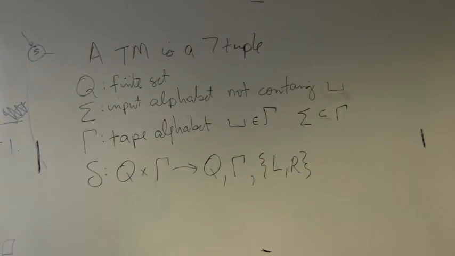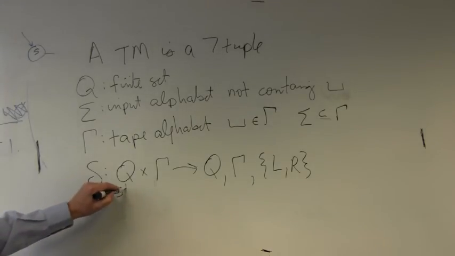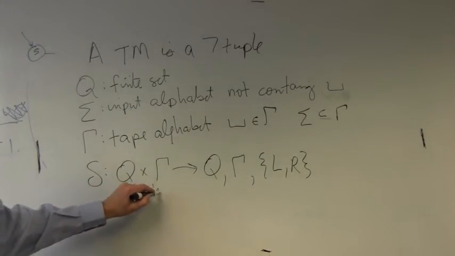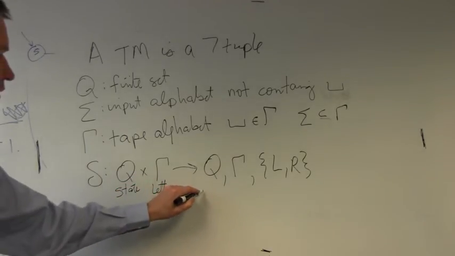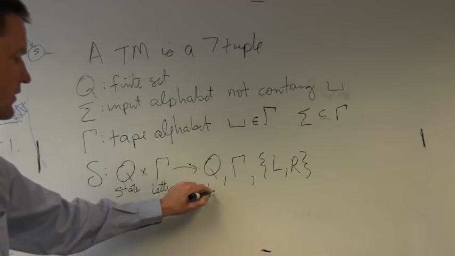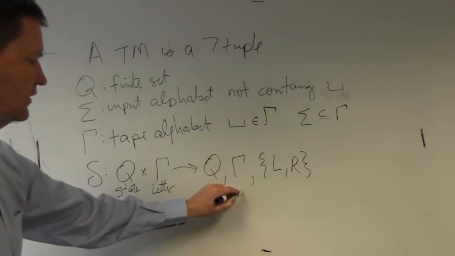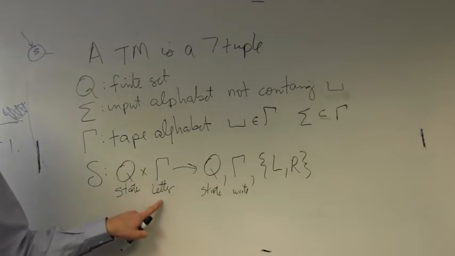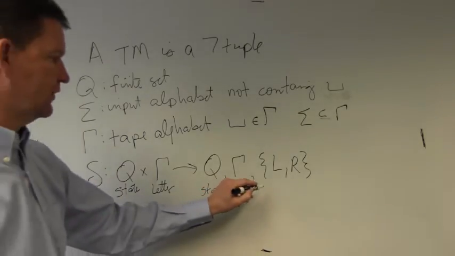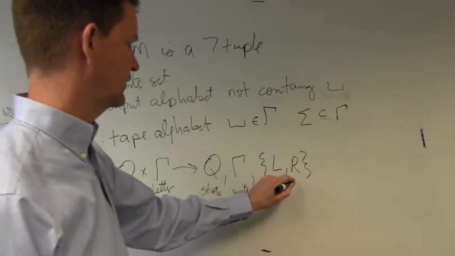So what the transition function describes is that you start off in some state and you're looking at some letter on the tape of the Turing machine, and then you take a transition to another state, and then you write this letter. So you write this letter over the top of the letter that you saw as input, and then the final thing you do is you move the tape head.